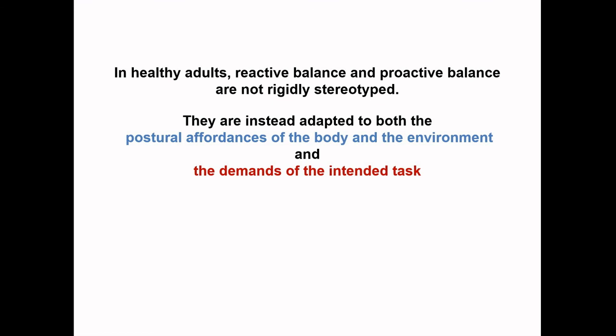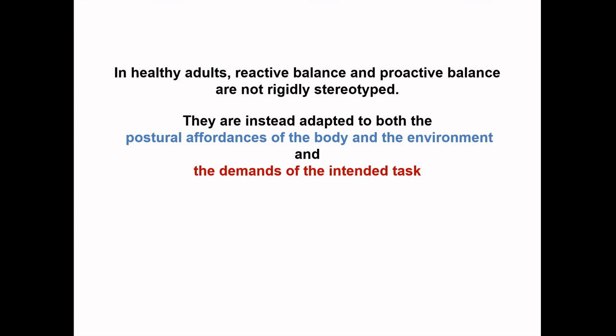Earlier we discussed the flexibility and adaptability of reactive balance. Proactive balance has similar characteristics. As with reactive balance, proactive balance does not involve rigidly stereotyped responses. In other words, proactive balance control is adapted to both the postural affordances of the body and the environment, as well as to the demands of the task.